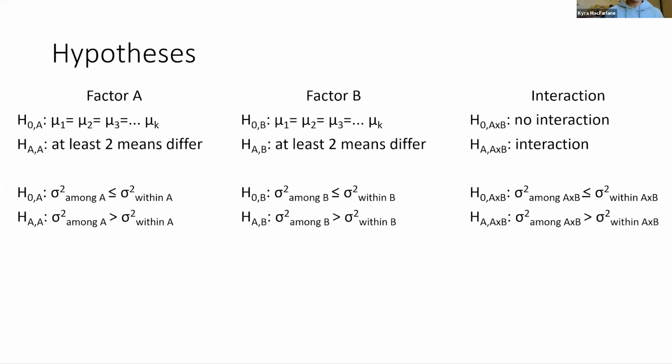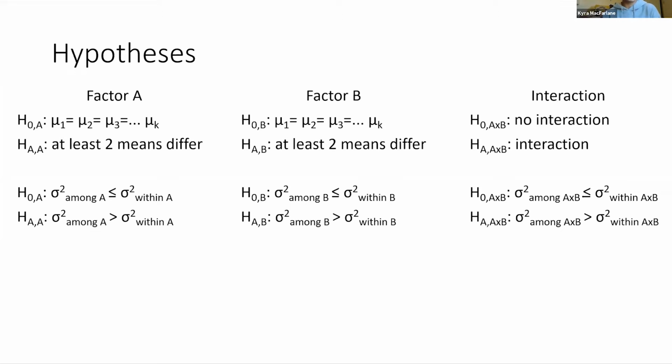So we're looking at our variance among A versus our variance within A. Our null, just like with the one-factor ANOVA, is that among is less than or equal to within. The alternative is that among is greater than within. There's more variation between the groups than there is inside the groups.